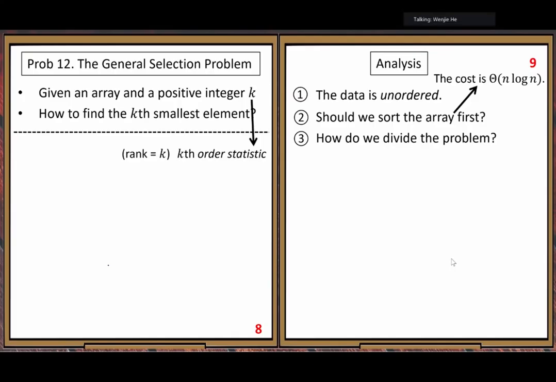You do more comparison work than necessary. So here we want to find the most efficient algorithm. To solve it in an efficient way, we need to use divide and conquer.